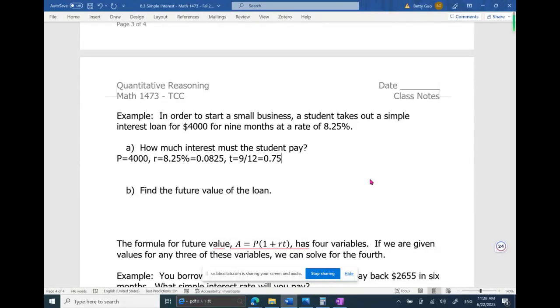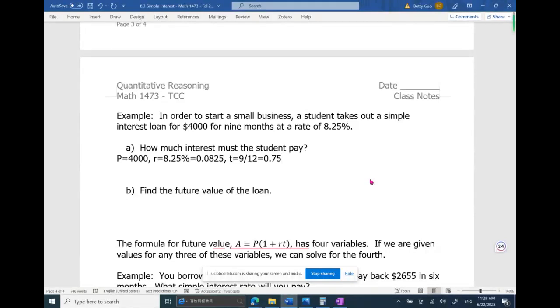I would use the decimal because you have a calculator. The calculator handles decimals very well. So 9 months is 3/4 of a year.